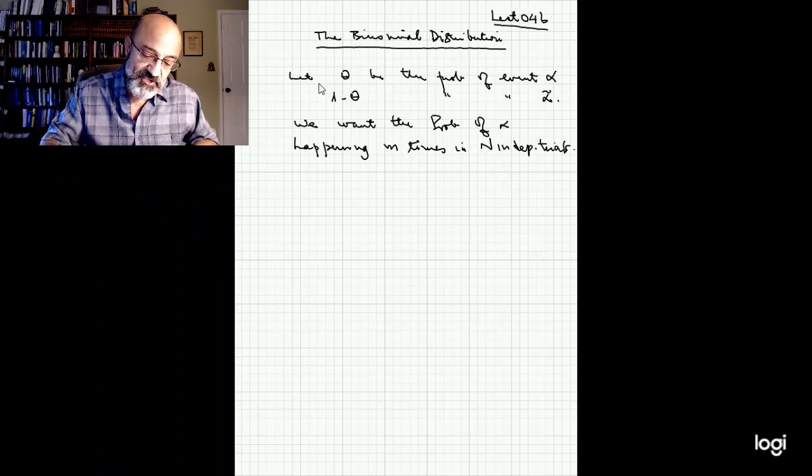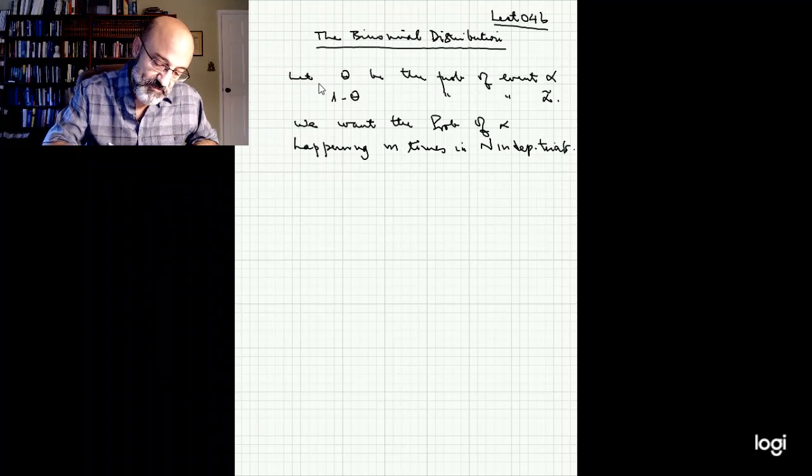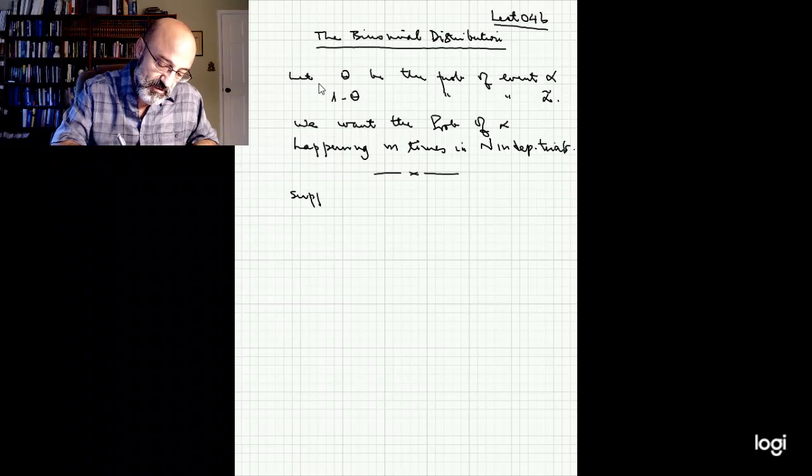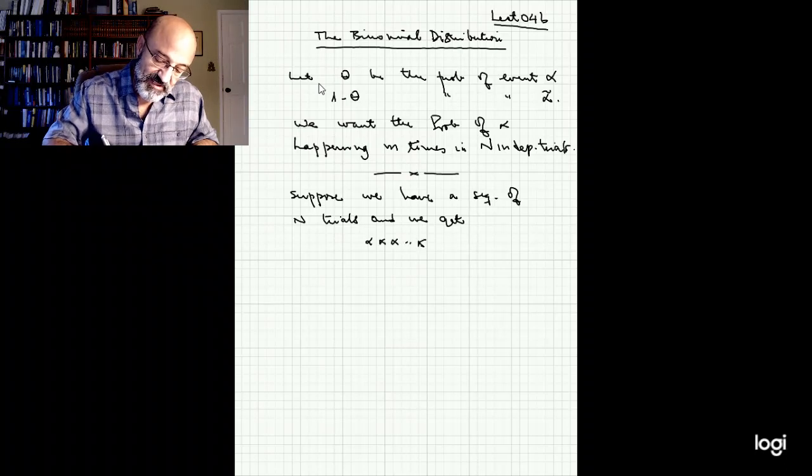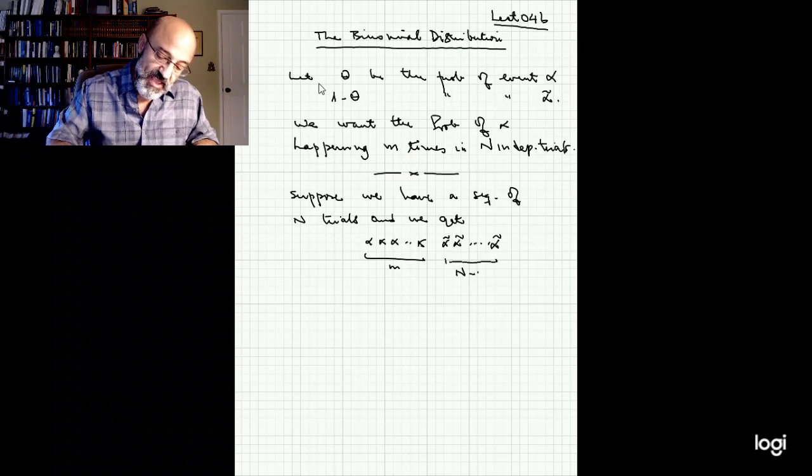And so the way we actually compute that is we say, suppose we have a sequence of n trials, and we get alpha, alpha, alpha, m times, and then not alpha, and so on, n minus m times.